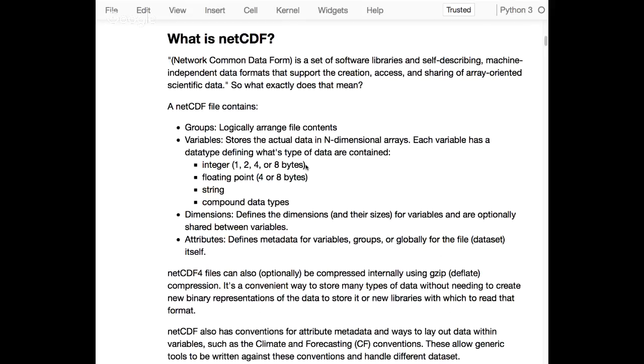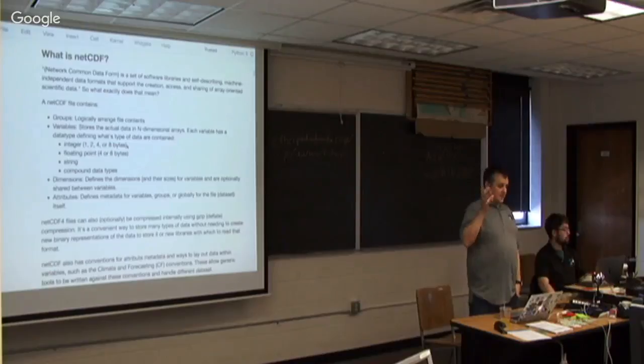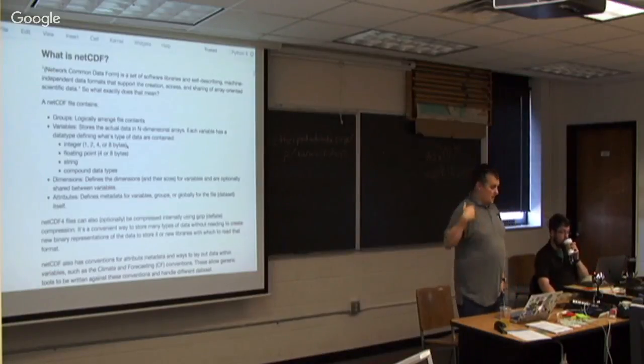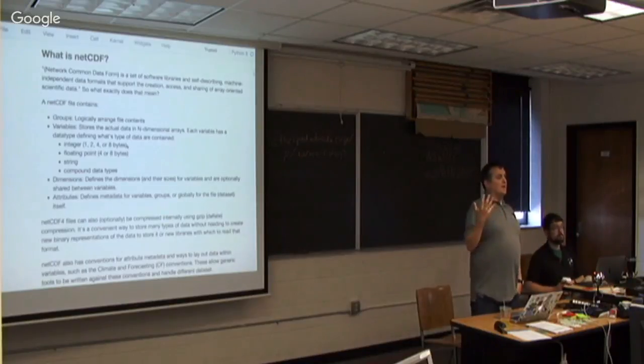So who's never heard of NetCDF? Okay. NetCDF is a binary file format that we call self-describing. As opposed to having fixed bytes that need to be this and then these bytes are this field, NetCDF provides a binary file format with a library behind it that allows you to encode arbitrary n-dimensional array data in a file.